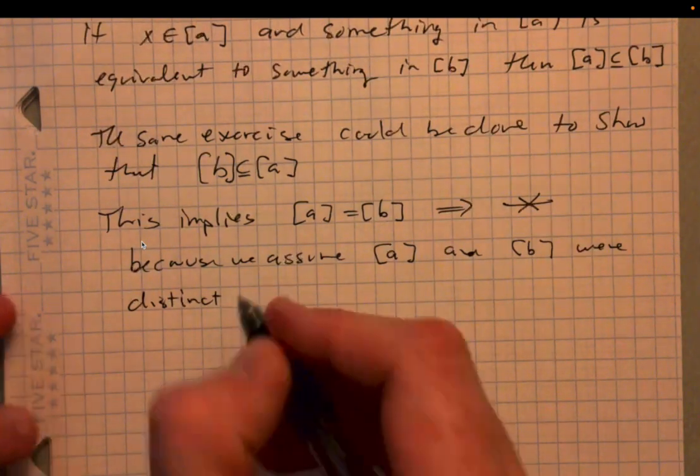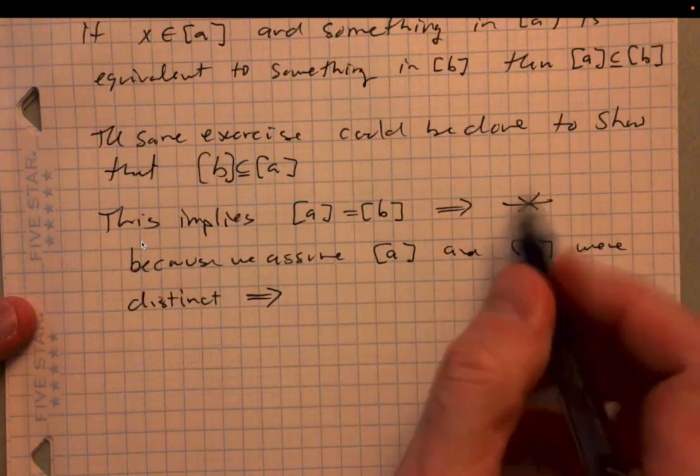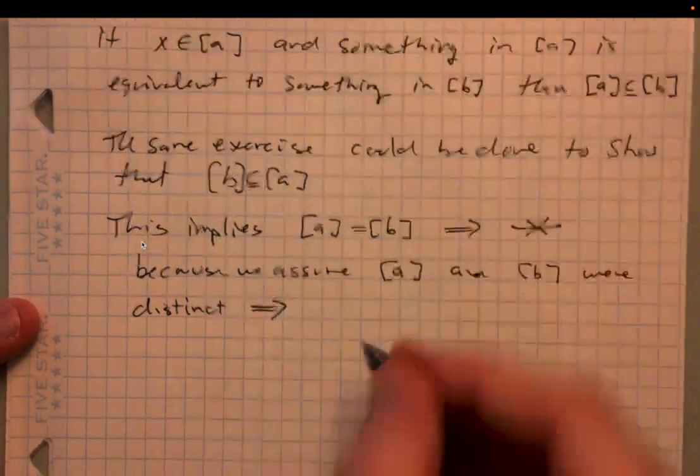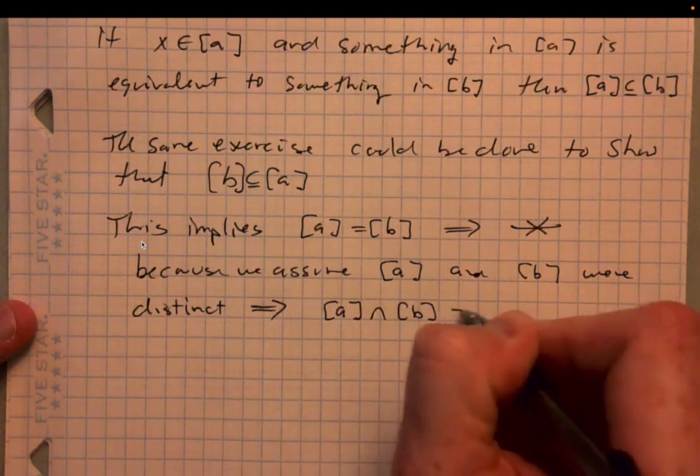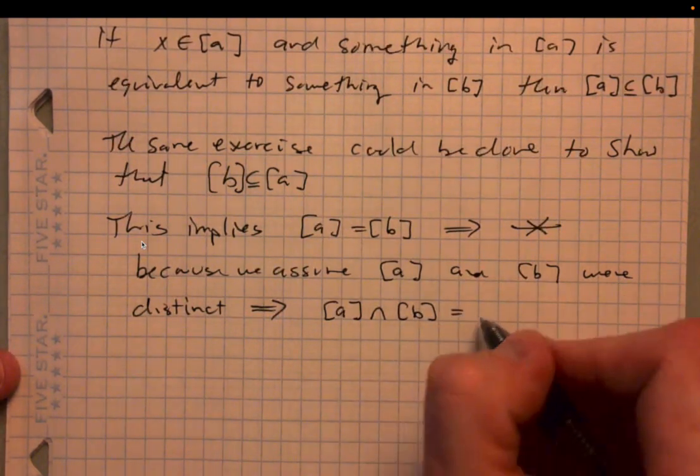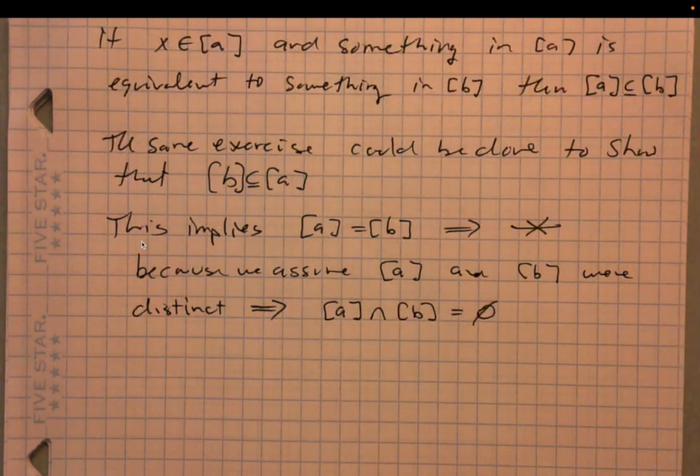Okay, and so this implies the contradiction. To resolve the contradiction, we have to go back and change our assumption about the intersection, and namely, we have to understand that the intersection is empty. If the intersection isn't empty, we can derive a contradiction. Okay, and so that's the proof one way.